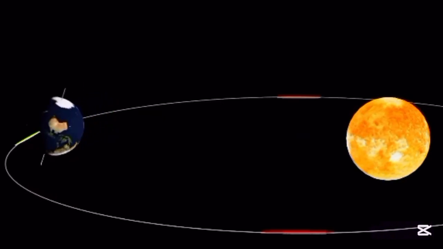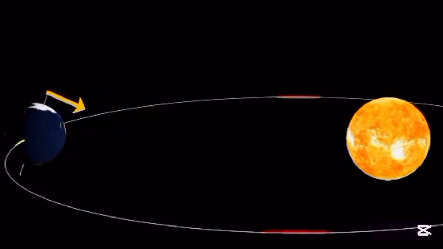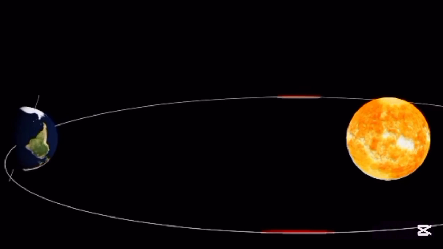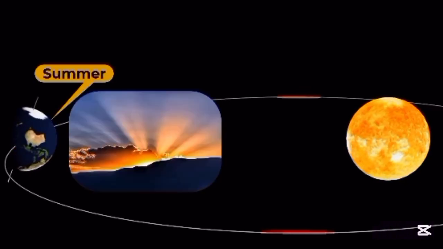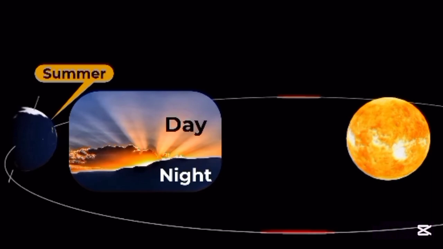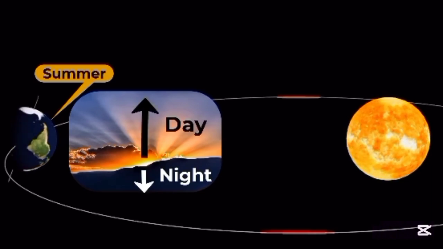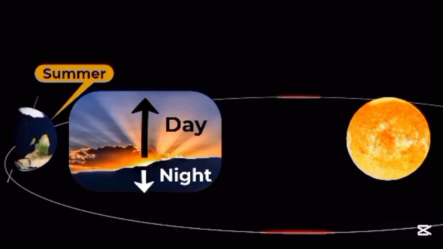On 21st June, as the Earth continues on its revolution, the northern hemisphere experiences summer. That is, we are going to be having days and nights which are varying.